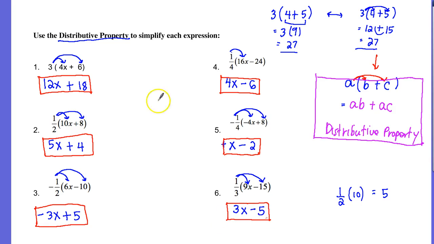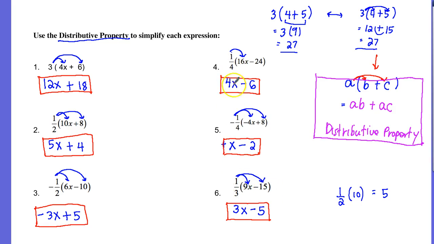So that's how you use the distributive property to simplify expressions. Just remember, you are going to multiply the outside term to all the terms inside, not just the first one. And don't be scared of fractions. You just apply your rules for multiplying fractions if it's a little bit more complicated.